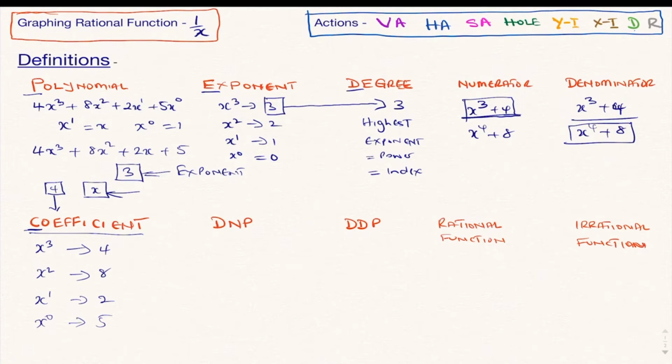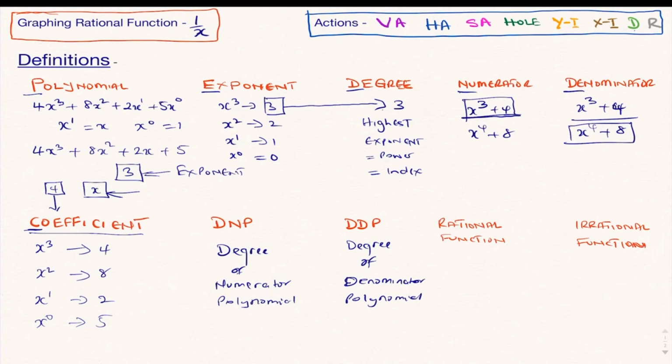So the degree of polynomial is 3 for that function, and the numerator is the top part and the denominator is the bottom part. Therefore, DNP stands for degree of numerator polynomial, and DDP stands for degree of denominator polynomial.